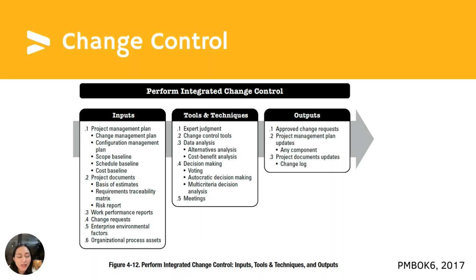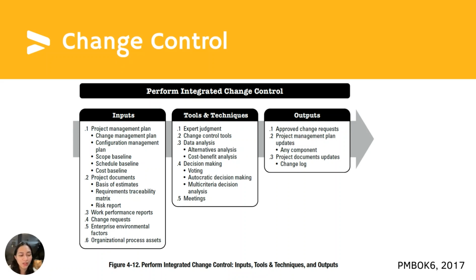So the enterprise environmental factors that can influence the perform integrated change control process will also include what we have mentioned: your legal restrictions, regulations, and other constraints in line with your organization, policies, and contracts.